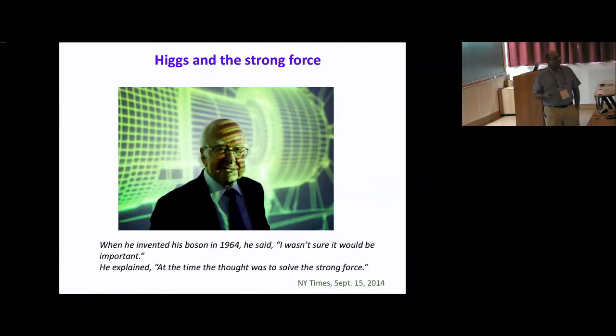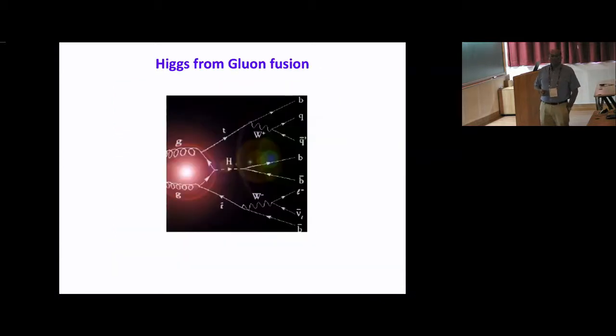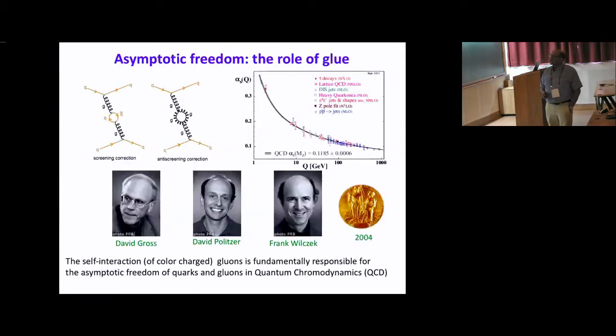Okay? So introducing these scalar particles to confine quarks and gluons. And that really wasn't successful, but it led to something else. In fact, in a splendid irony, it's actually the fusion of gluons which is the dominant process for the production of the Higgs, and its decay to various channels at the LHC. So the story kind of continues that way.